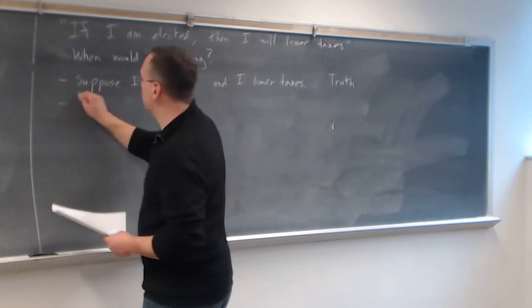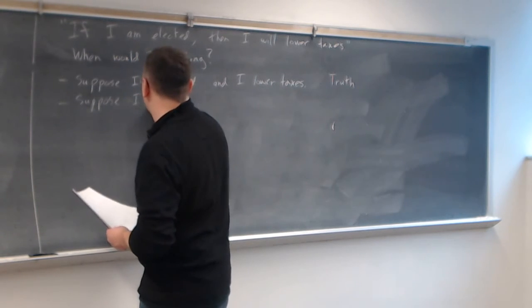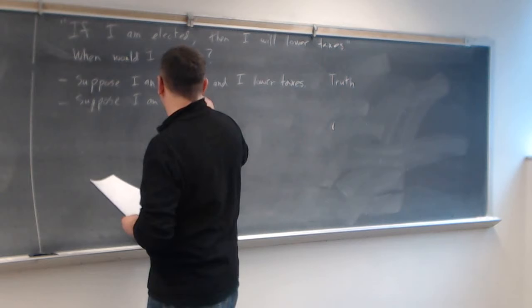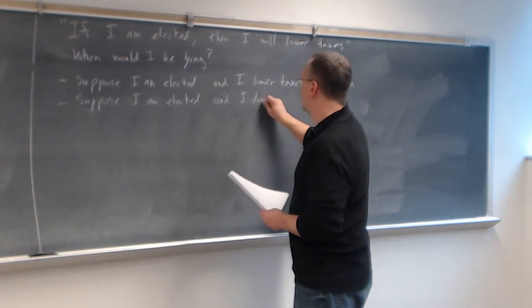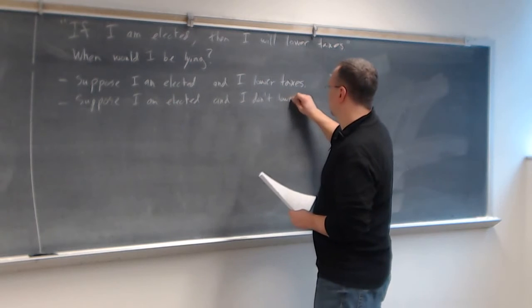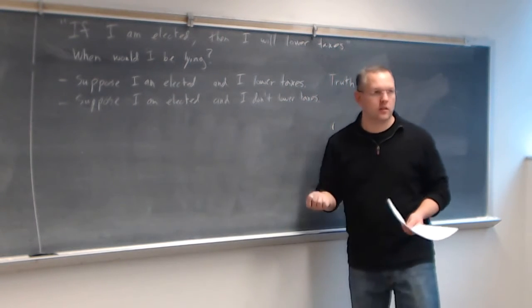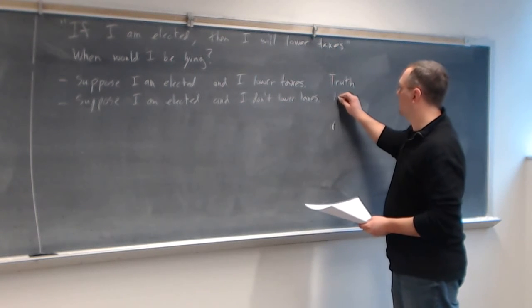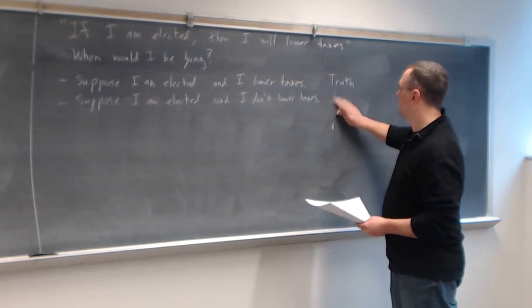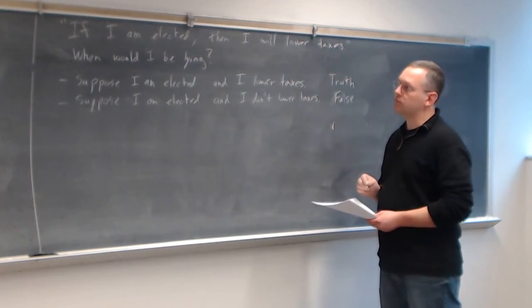Now, suppose I am elected, and I don't lower taxes. Would you consider me to have lied? Am I a liar? Yes, I'm a liar. So my original statement is false. I lied.